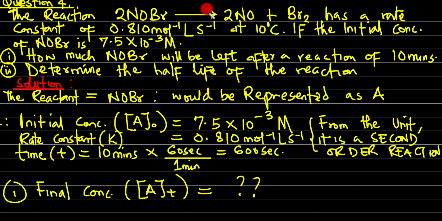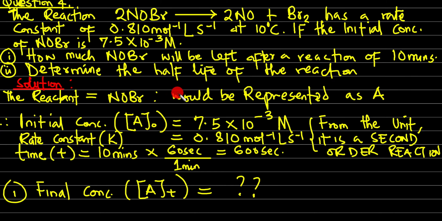Now it's very important for us to know that this time around they decided to give us a real reaction. When we coined the formula for various integrated formulas for various orders of reaction, we used A, simply because we assumed A to be the reactant, but in this case they give us a real reactant, so there's nothing wrong there. You can just decide to use your A. The reactant in this case is NOBr.